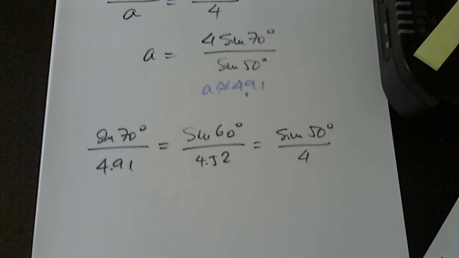Of course, there must be some error because of rounding. Any questions on this problem before we move on? Yes, you can reverse this and write it as a over sine A equals b over sine B equals c over sine C, but this is the way we present law of sines.